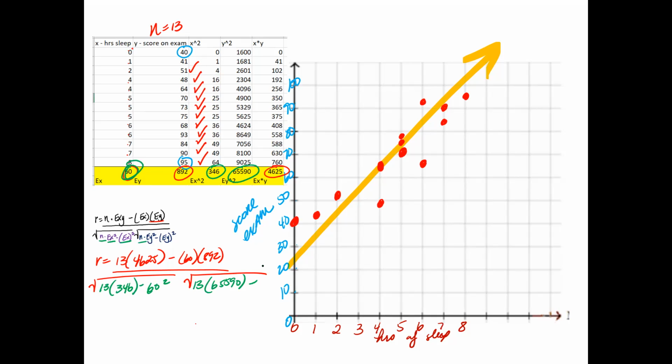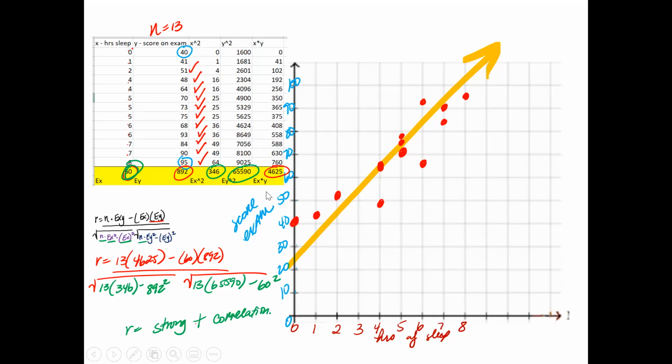So that's just, oh, you know what? I made a typo here. This is supposed to be ΣY. ΣY is actually 892 squared, and this will be that, okay? So we have gone over this before, so I'm just going to have you guys go ahead and do the rest of this. But ultimately, just based on this graph, your R should be a pretty strong positive correlation.